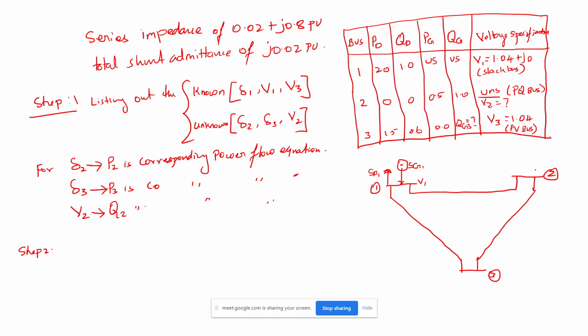Here also there is a load having the demand of SD2, and then there is a generator called SG2, and the voltage here is V2.